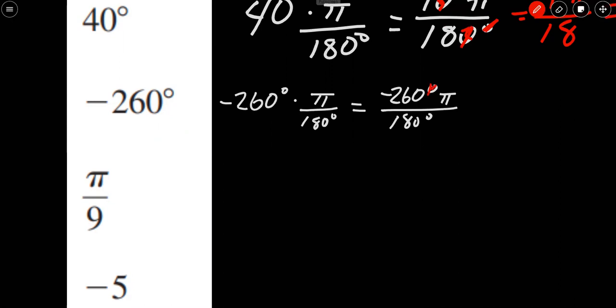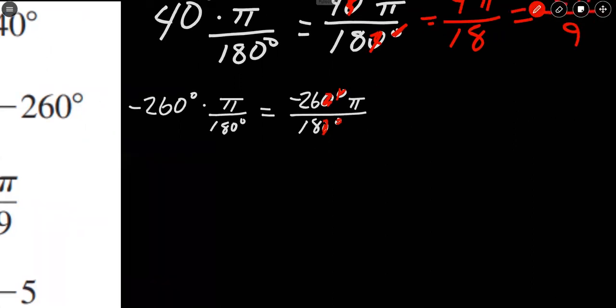Again, I can get rid of the degree measure, and I can get rid of the 0 at the end of both of these because they are multiples of 10. Now I'm left with something a little simpler looking, negative 26 pi over 18. Again, I've got something that can be divided by 2 in both the numerator and the denominator. So I end up with negative 13 pi over 9. A lot of over 9 stuff going on here.